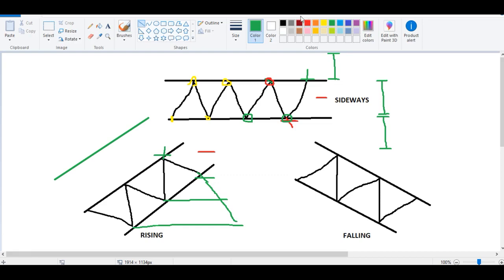Now we can also trade the inner part of the channel, where we buy at the support with the upper end of the channel as my target, and we can sell at the resistance with the lower end of the channel as my target.